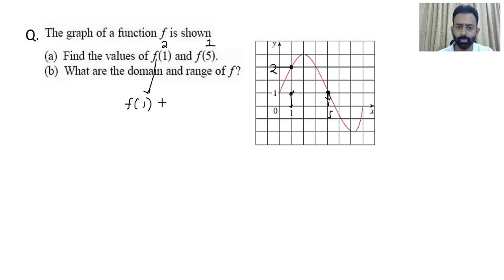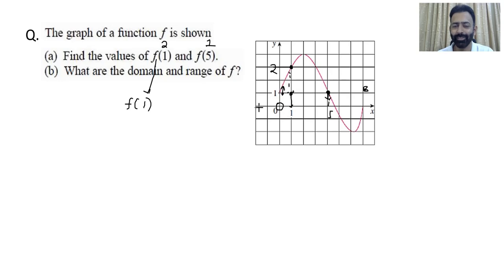So for domain, horizontally it is defined from x equal to 0 to this point. So this is 5, 6, 7 and 8. Is it continuous or discrete? It looks discrete because a grid is given, but this is continuous because the curve is continuous. At x equal to 0.1 also you are getting a value, and at x equal to 0.999 also you have some value, though we are not able to find the exact value, but the function is defined.